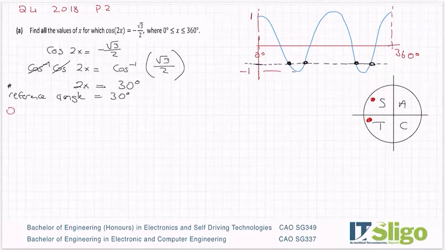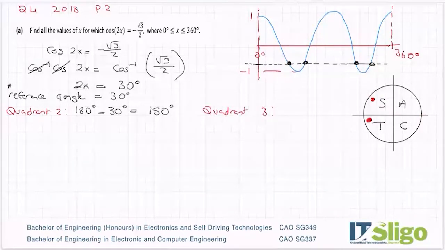So for quadrant 2, it's 180 degrees minus your reference angle, okay? So it's 150 degrees, okay? For quadrant 3, okay, it's 180 degrees plus the reference angle, so it's 210 degrees.